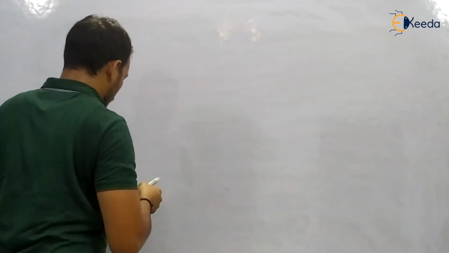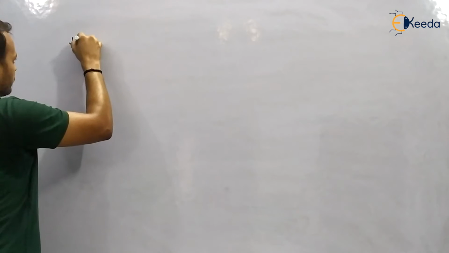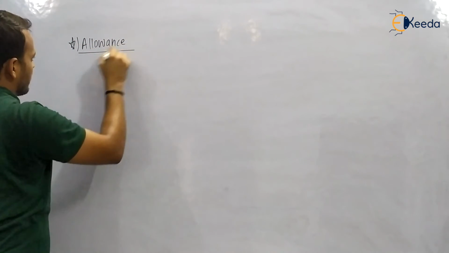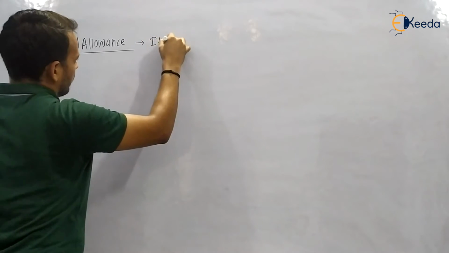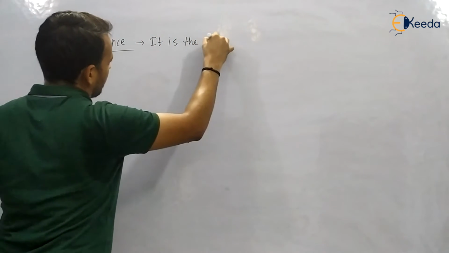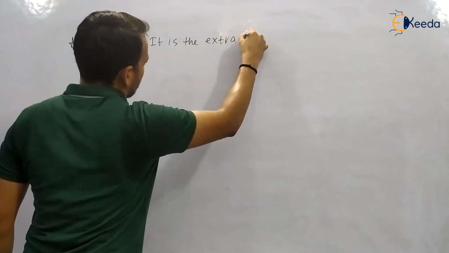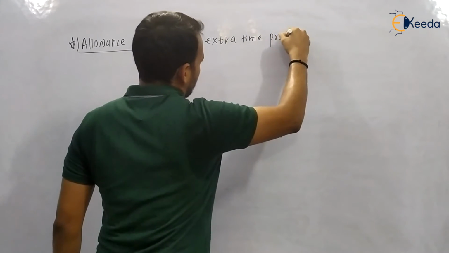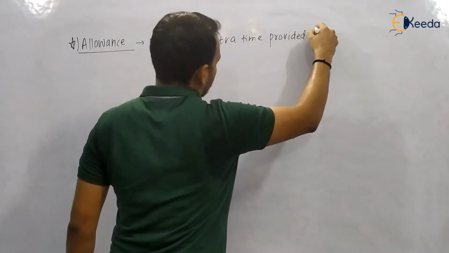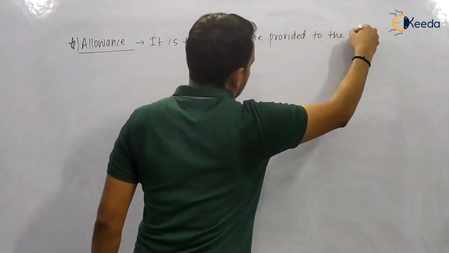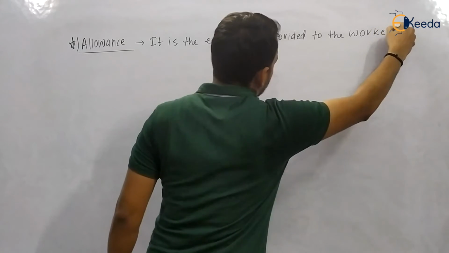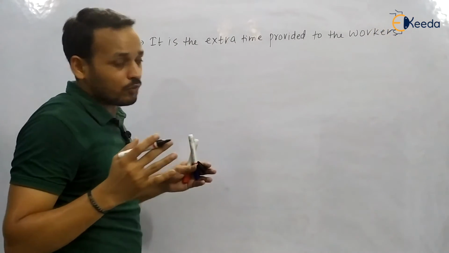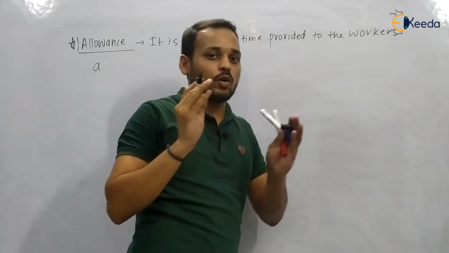So the question is, what is allowance? You can say that it is the extra time provided to the workers above the normal time. Allowance is some percent of normal time.